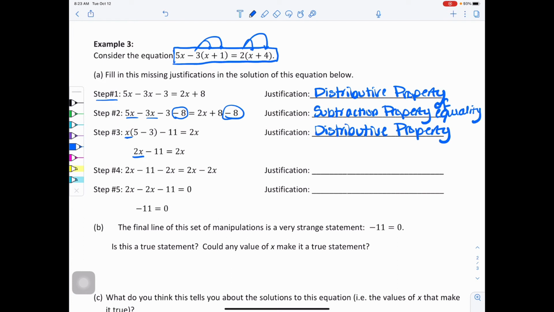In step 4, we have subtracted 2x from the left side and also the right side. So that is, again, the subtraction property of equality.